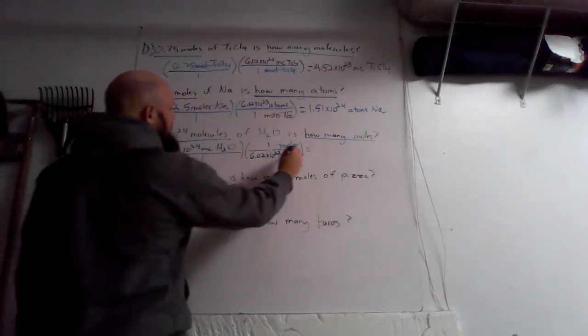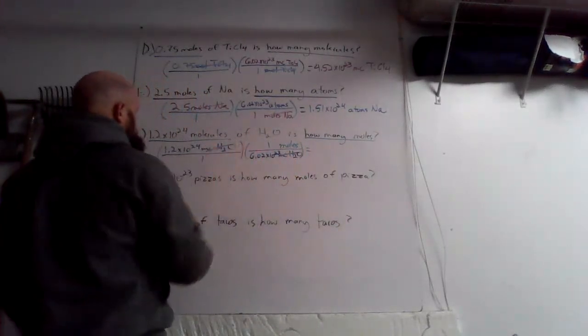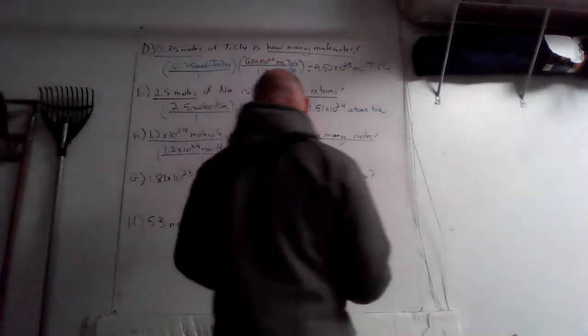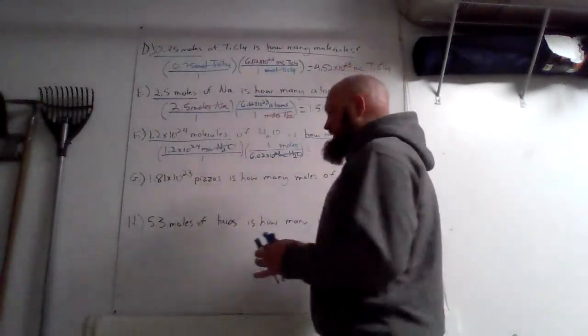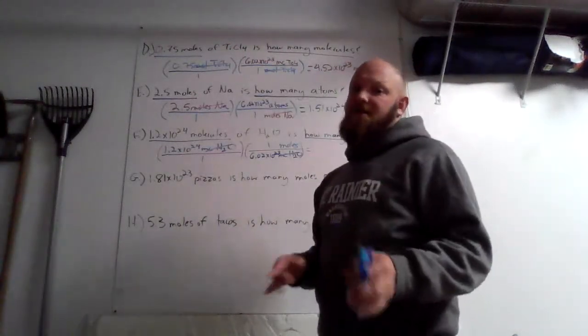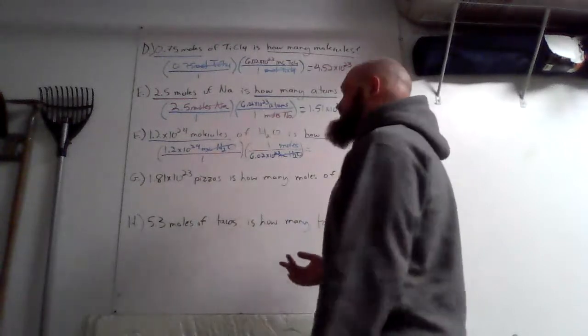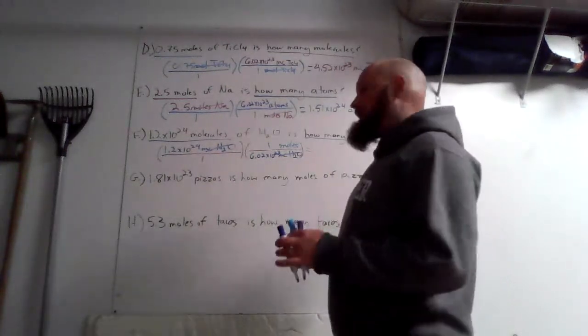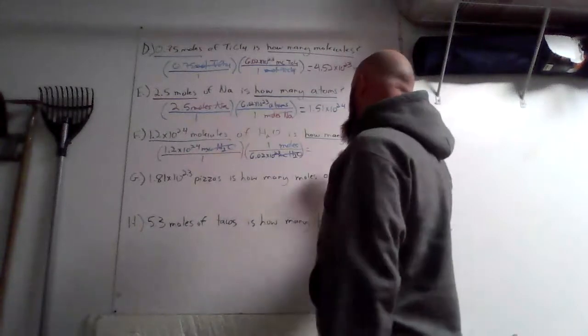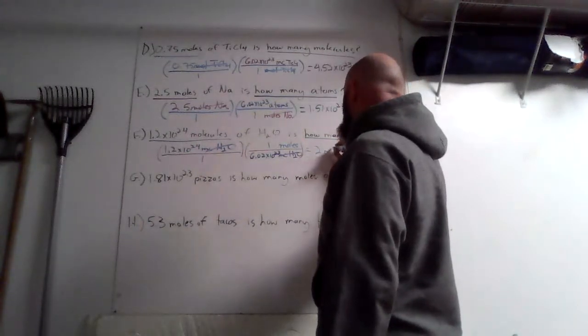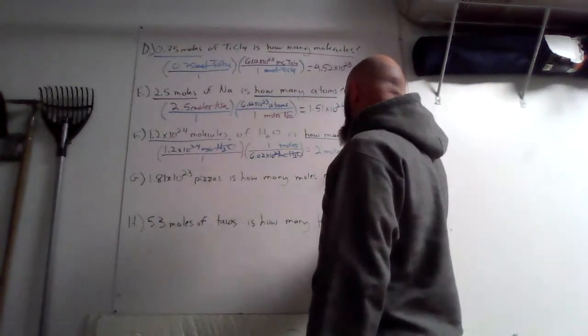Molecules cancels out, so I do this divided by this. Depending on how your calculator rounds or how you round, you're going to get 1.99, or I'm just going to call it 2. So I'm going to call this 2 moles of H2O.